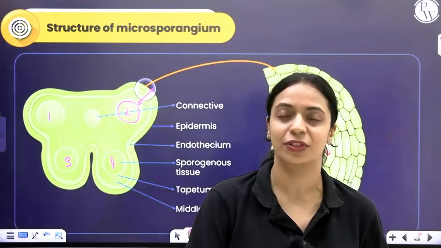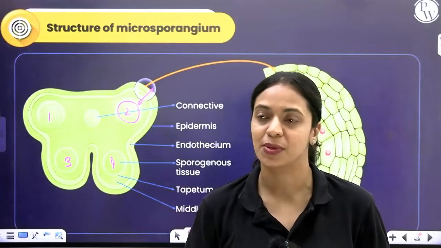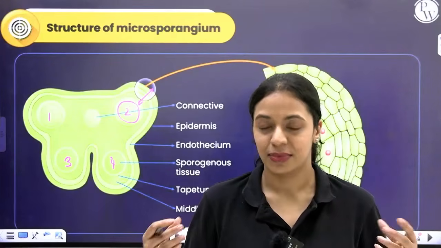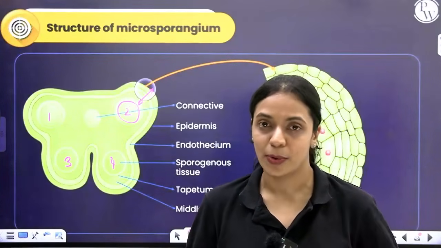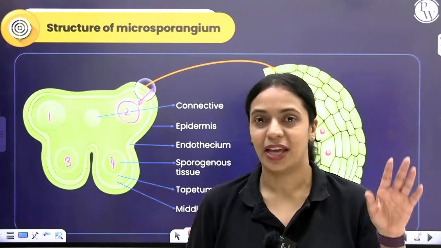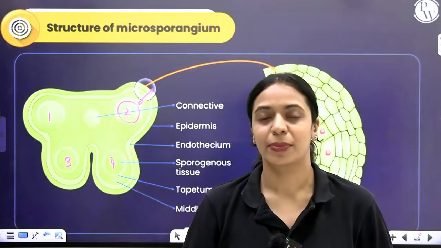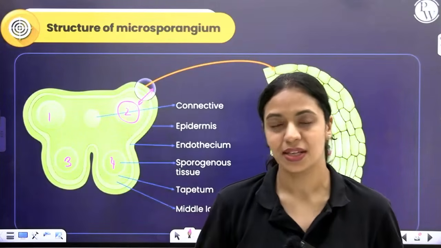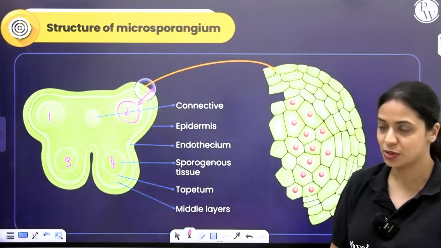Here also the wall of the anther does offer protection, but each layer has its own function to perform. Similar to how in our walls there is a brick layer in the center which will provide mechanical strength, on top of that you have cement which will keep it together, and then on top of that you probably have primer, and on top of that you have paint or wallpaper. So each layer in your wall serves its own purpose. Like that, the different layers in the wall of the anther have their own purpose to serve.